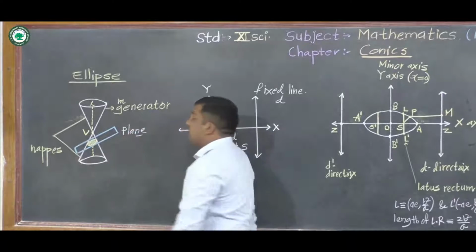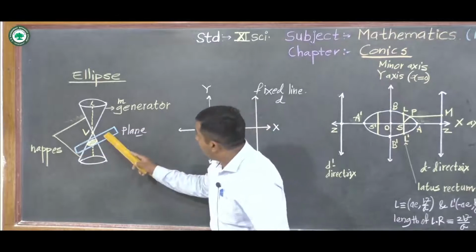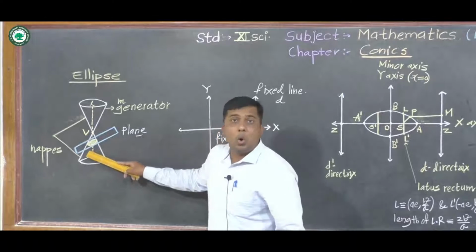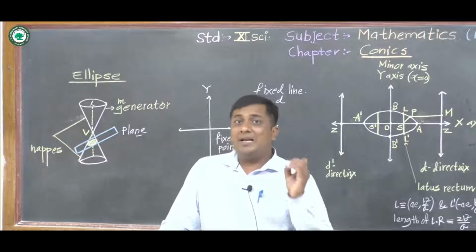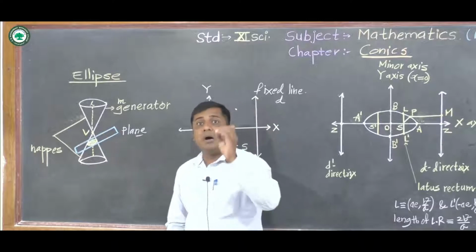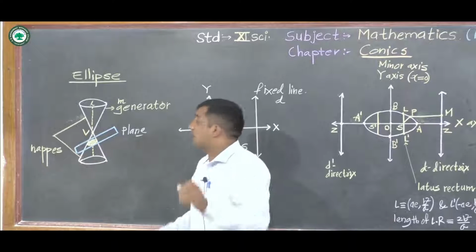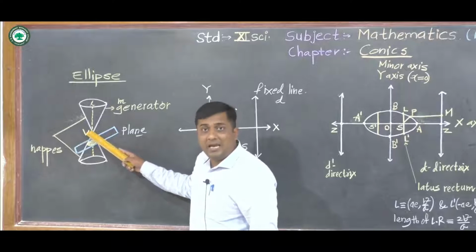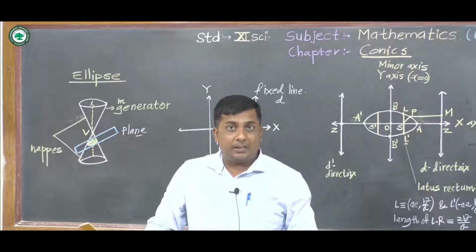We intersect this cone obliquely using our plane, and this plane does not pass through the vertex V and is not parallel to the generator.